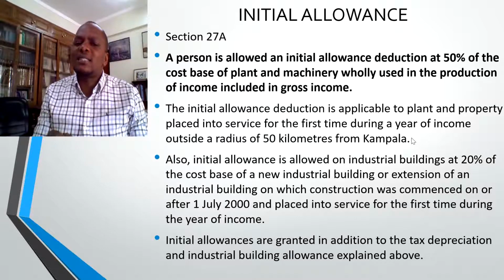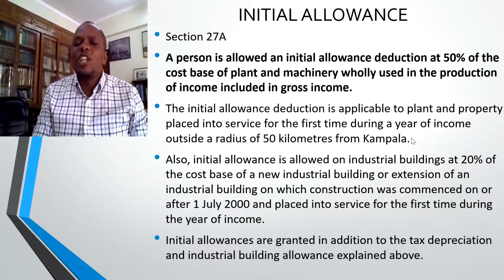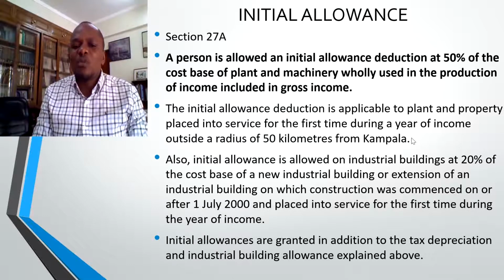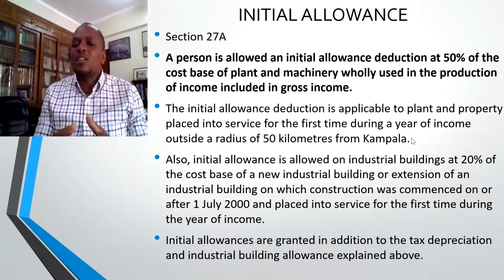Please note also that the initial allowance is allowed on industrial buildings at a rate of 20% of the cost base of a new industrial building, or an extension of that industrial building, on which construction commenced on or before 1st July 2000 and placed into service for the first time during the year of income.